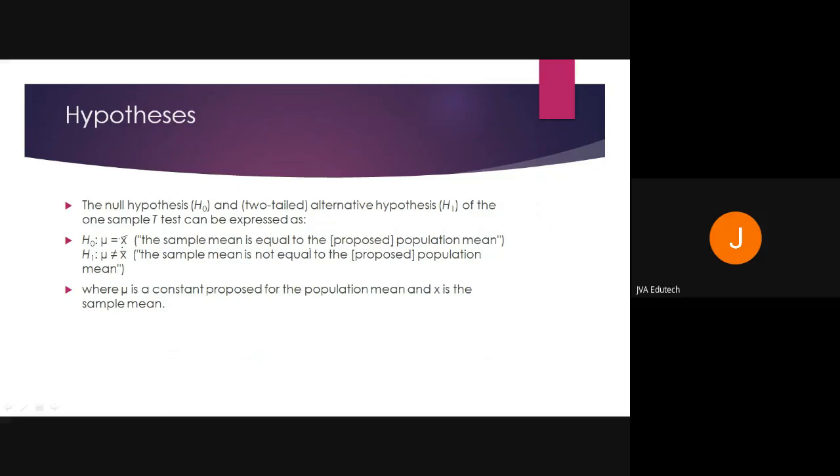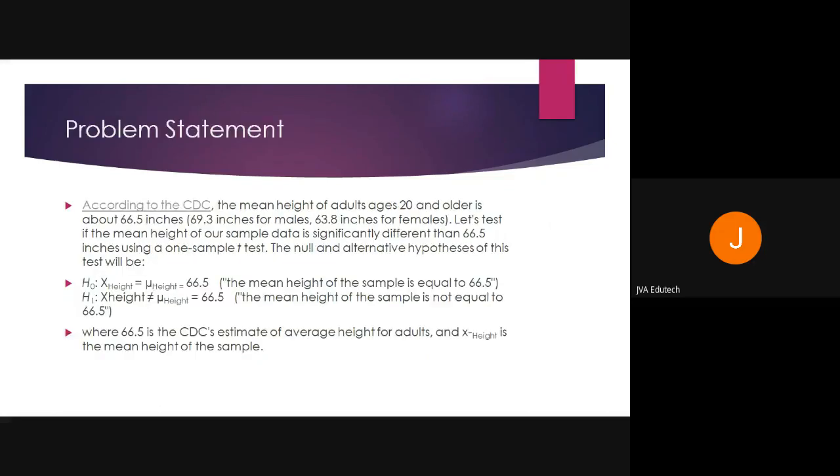Or you can express it that the sample mean is equal to the proposed population mean, that is your null hypothesis, and the alternative is that the sample mean is not equal to the proposed population mean, which means that there exists some significant difference. In the null hypothesis, you are saying there exists no significant difference between both the means.